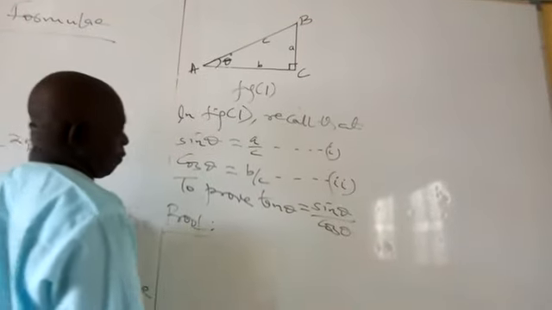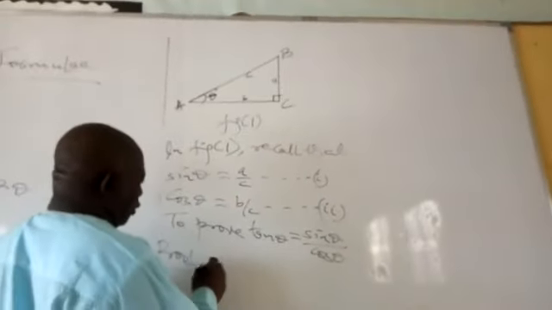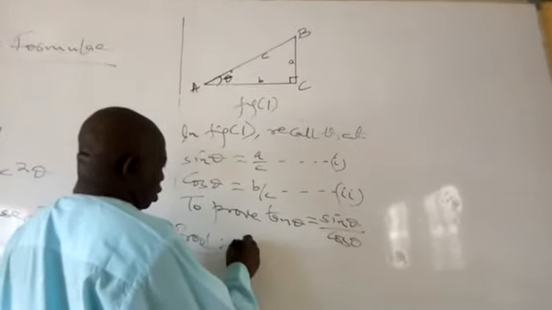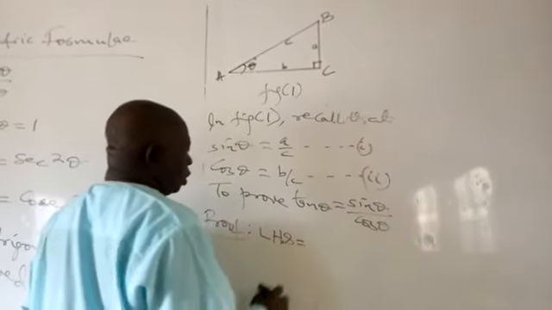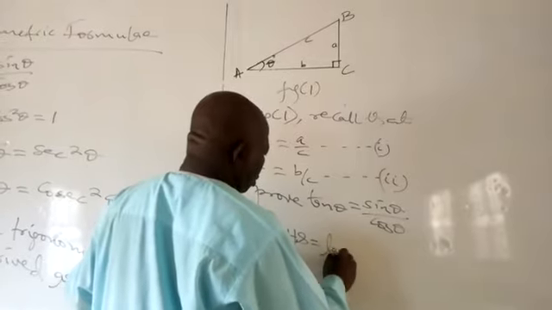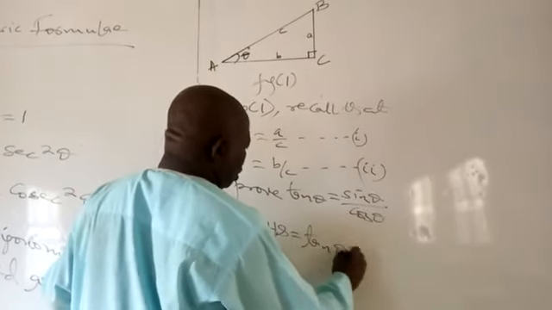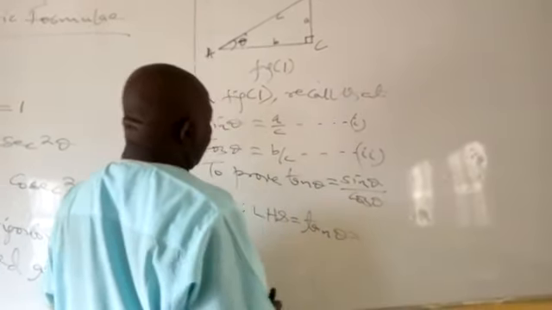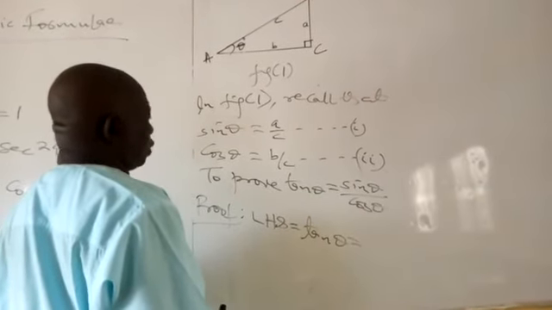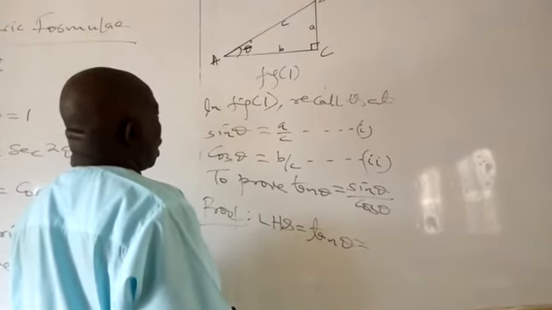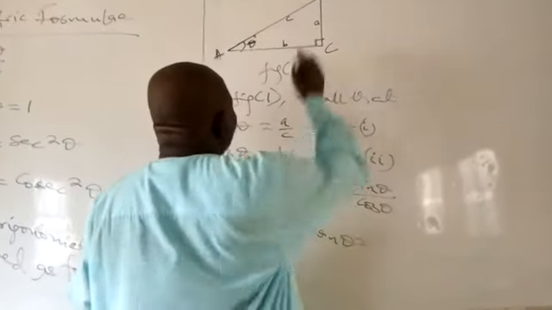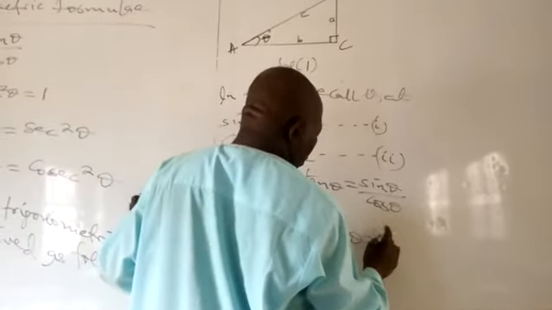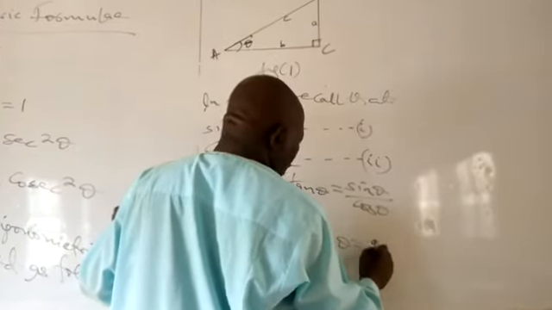Proof. Left hand side is equals to tan theta. And from that triangle ABC, tan theta is opposite over adjacent, which is a over b.